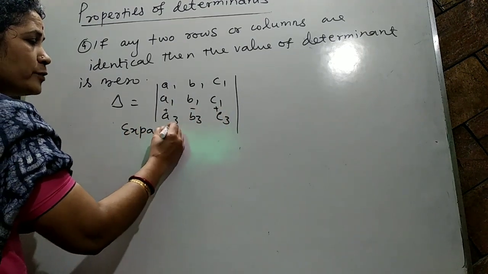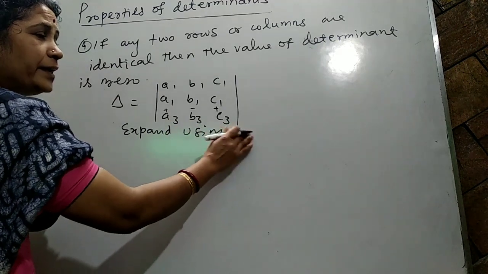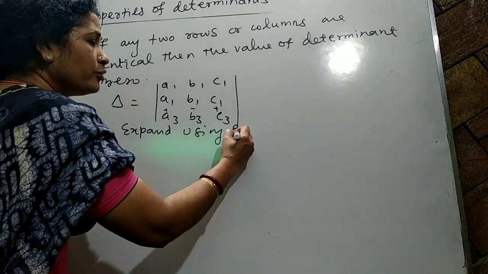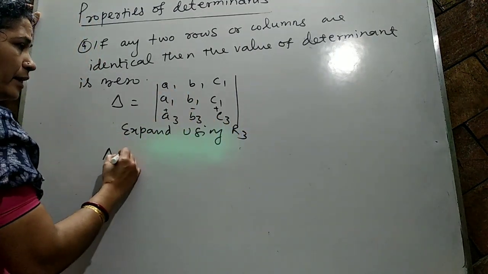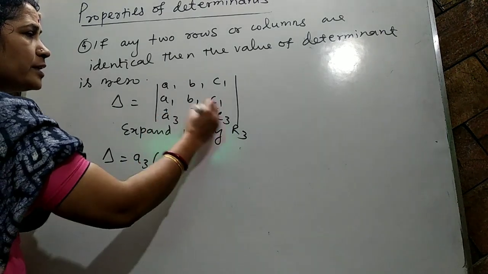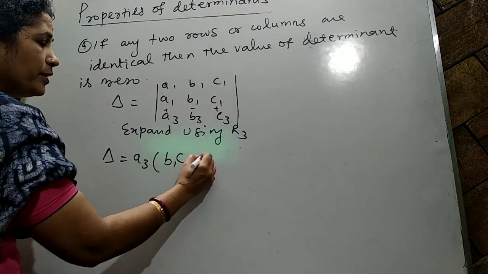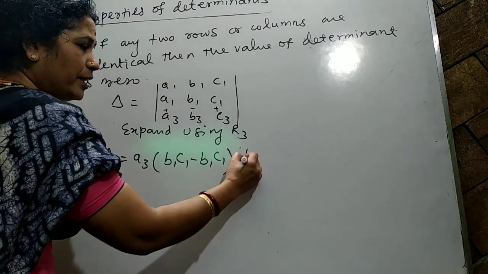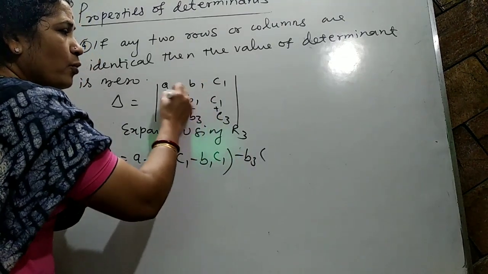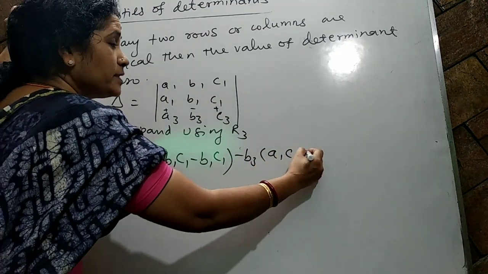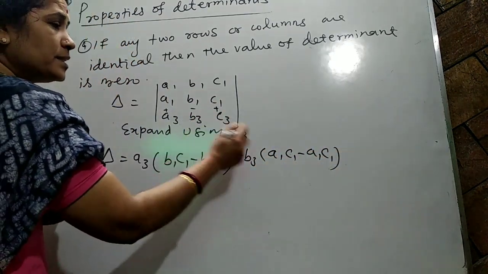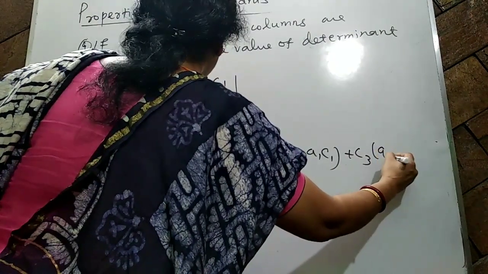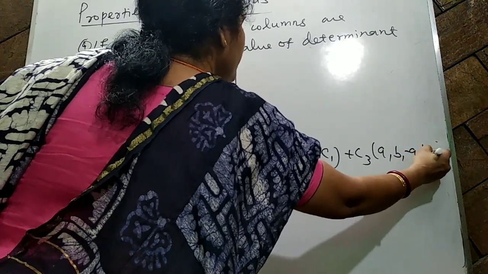Expand using R3. You need not write this, I am writing this sentence because of you. If I open this, then delta equal to A3 into delete corresponding row and column B1 C1 minus B1 C1, minus B3 into delete corresponding row column A1 C1 minus A1 C1, and then plus C3 into, if I delete corresponding row column, A1 B1 minus again A1 B1.